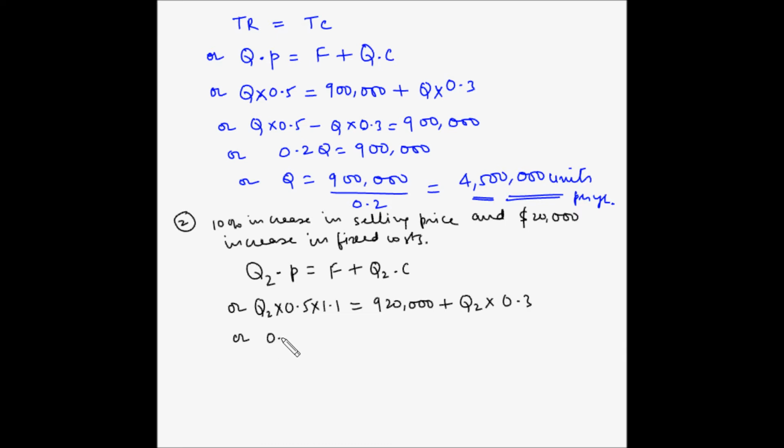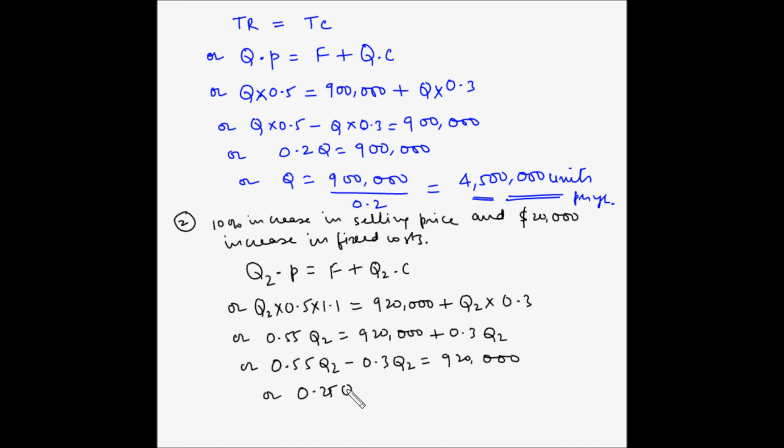or 0.55 Q2 is equal to 920,000 plus 0.3 Q2, or 0.55 Q2 minus 0.3 Q2 is equal to 920,000, or 0.25 Q2 is equal to 920,000, or Q2 is equal to 920,000 divided by 0.25, which is equal to 3.68 million units per year.